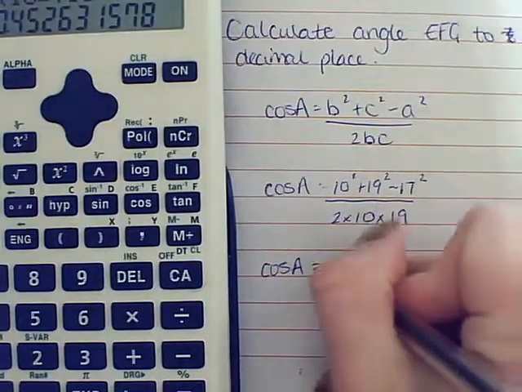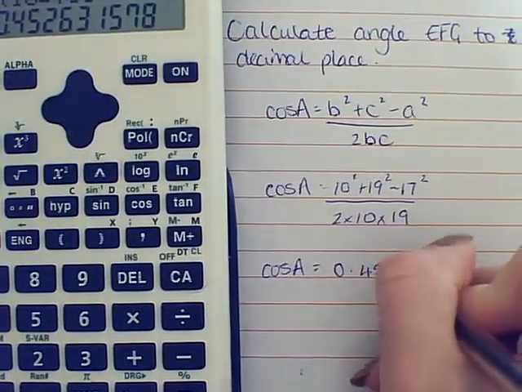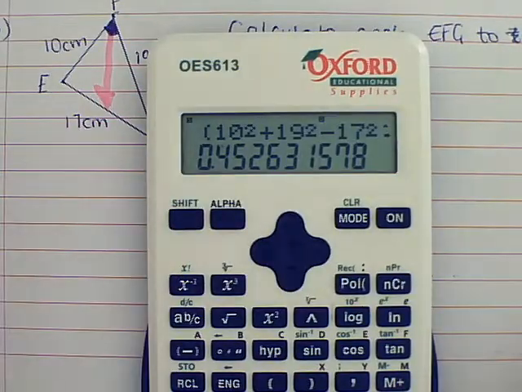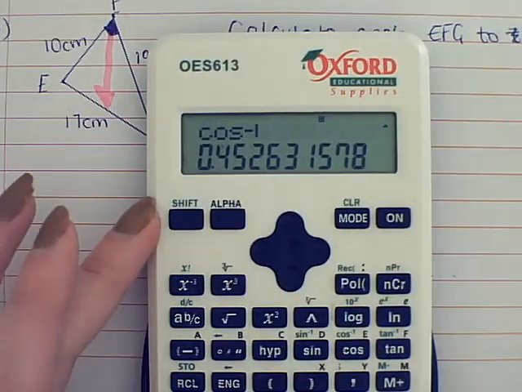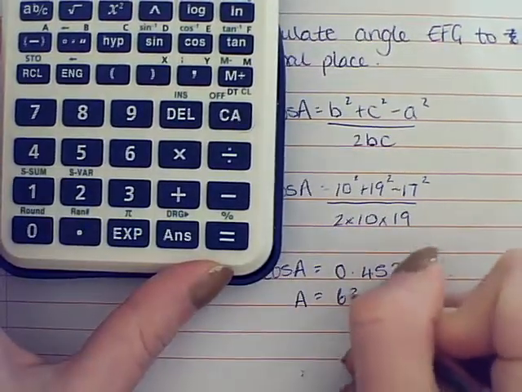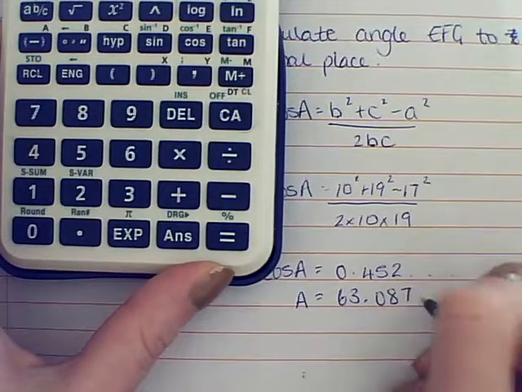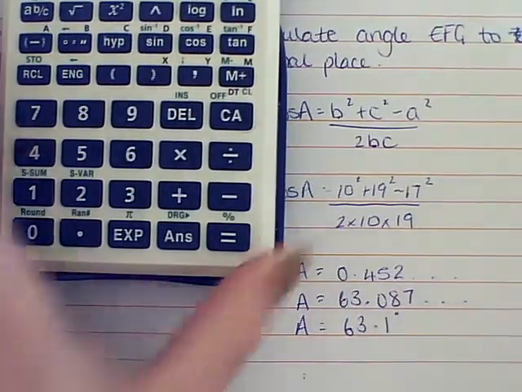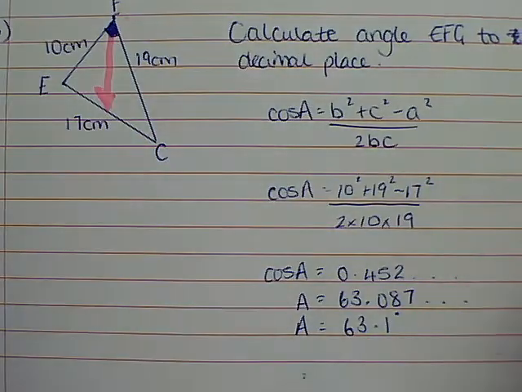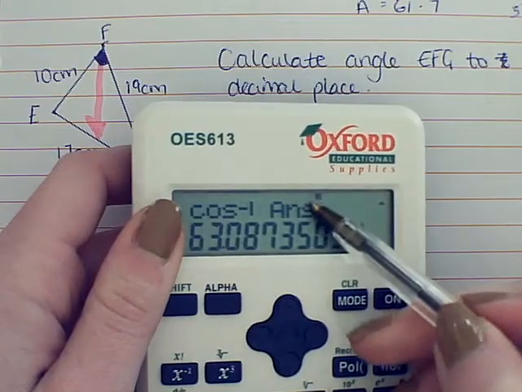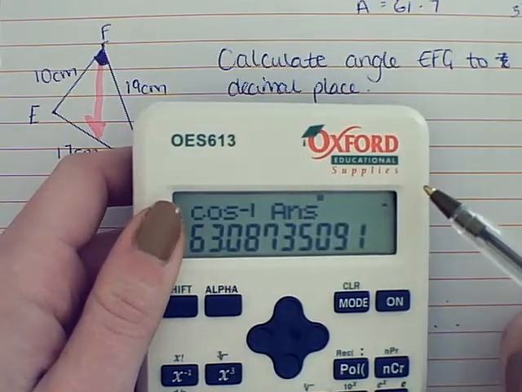And I've got 0.452 dot dot dot, cos inverse, so shift or second function cos, 63.087 dot dot dot, 1 decimal place, 63.1. Now just remember your calculator should have that little D at the top, or it'd say deg for degrees.